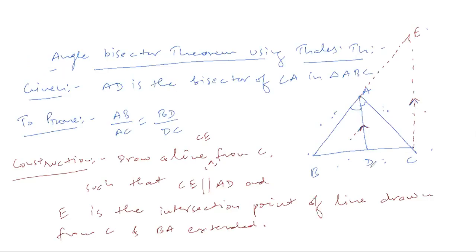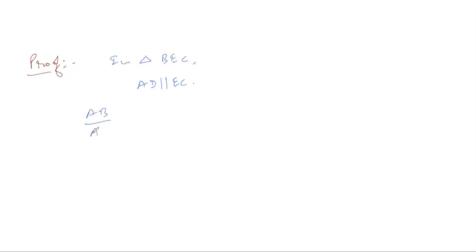So we'll write that in triangle BEC, AD is parallel to EC. If these two sides are parallel, that means the ratio will be equal. Which ratio? AB upon AE will be equal to BD upon DC.